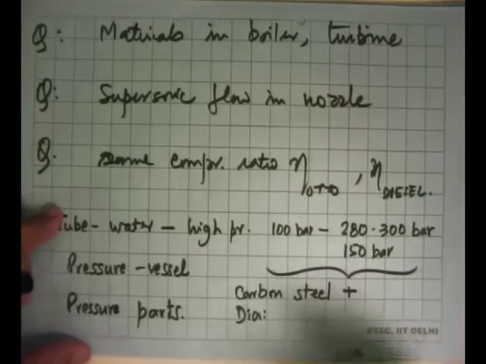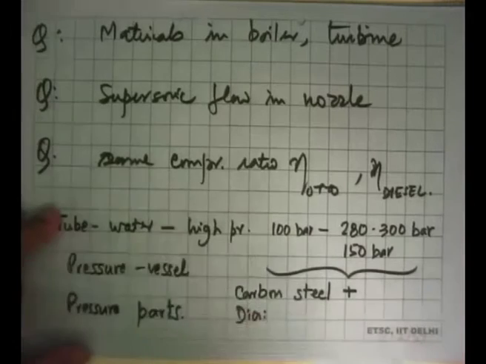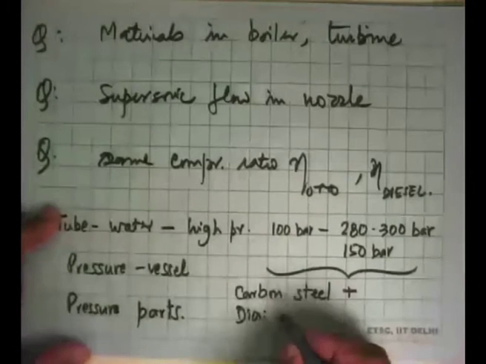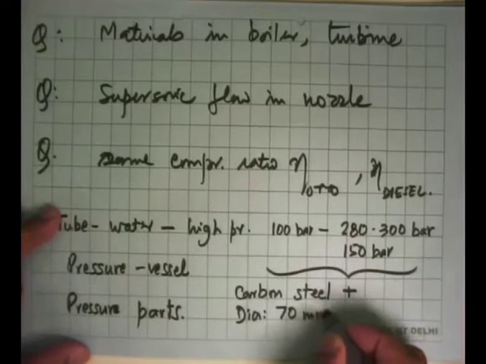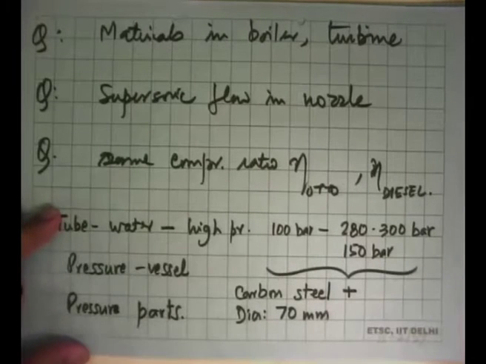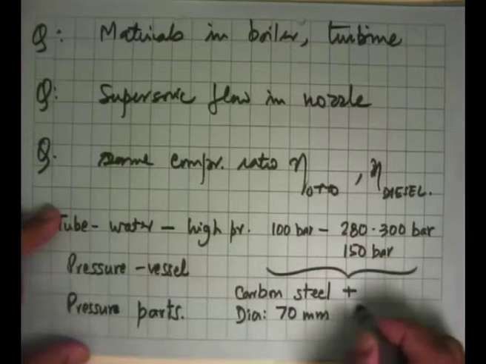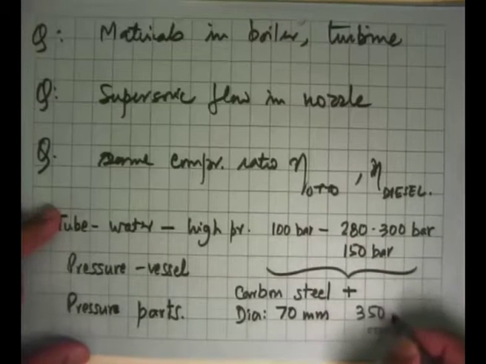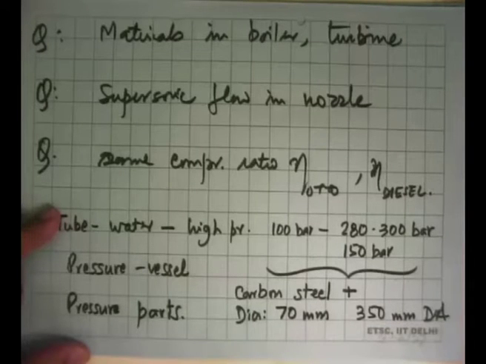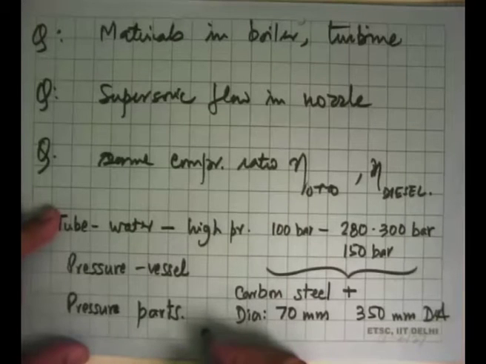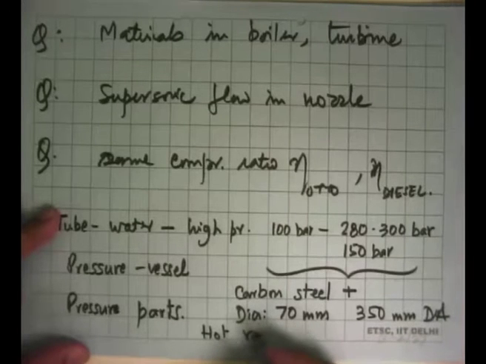Of the tubes in which water is boiled and evaporated, those tubes could be something like maybe 50 to 70 mm diameter. And the pipes that carry the steam from the boiler to the turbine could be like 350 to 400 millimeters in diameter. And to get the best mechanical properties, these are made by hot rolling.